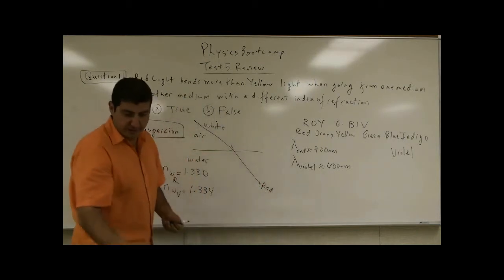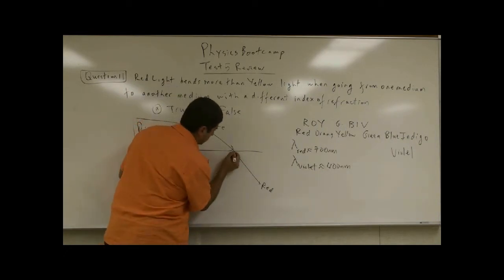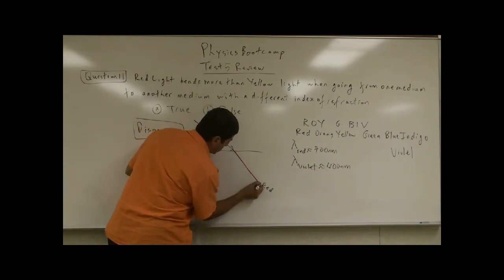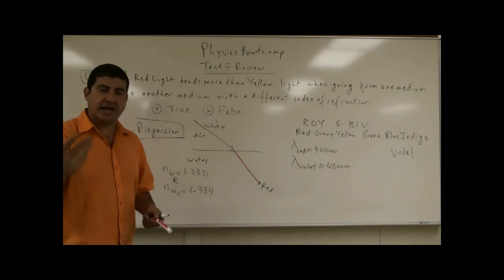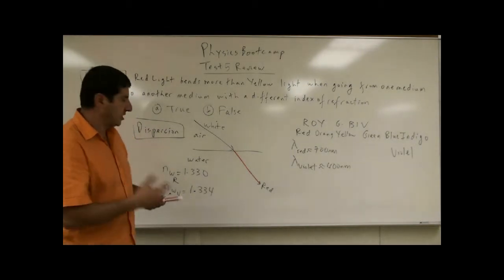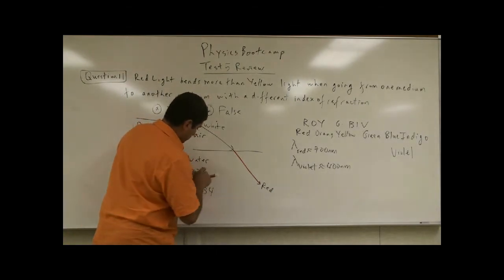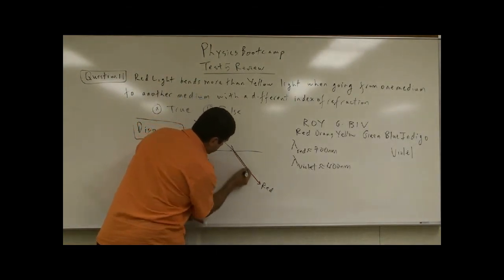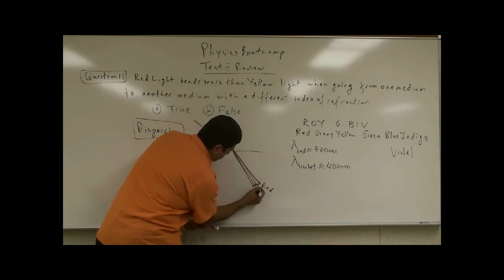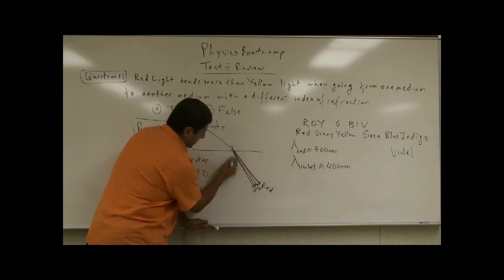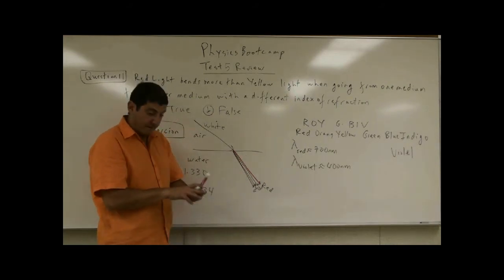We can use the red pen here. The red light is going to bend the least. Then you're going to have orange, yellow, green, the different spectrum, and so on until you get to blue and violet.